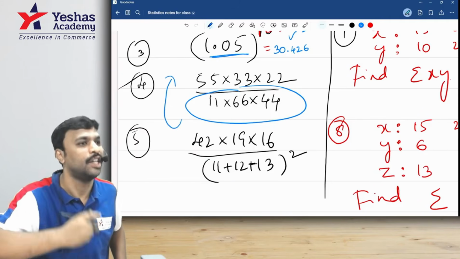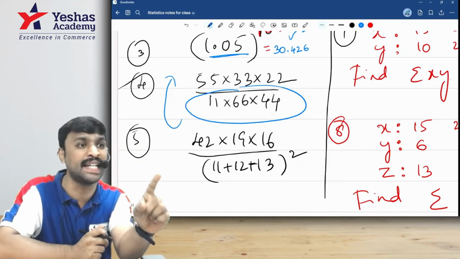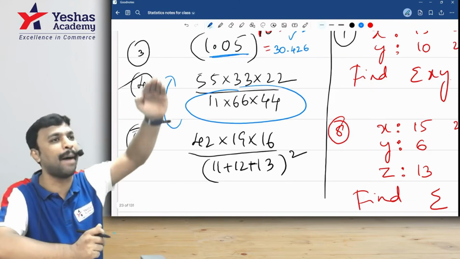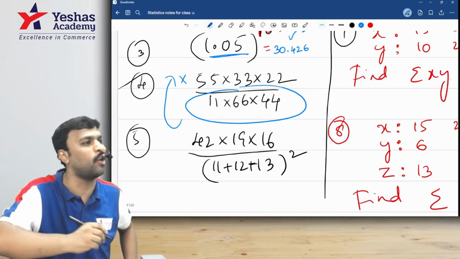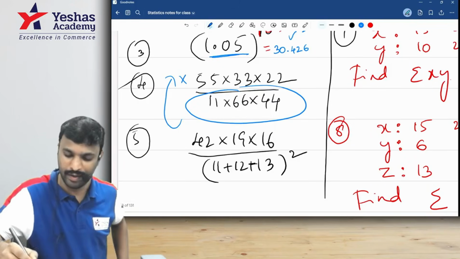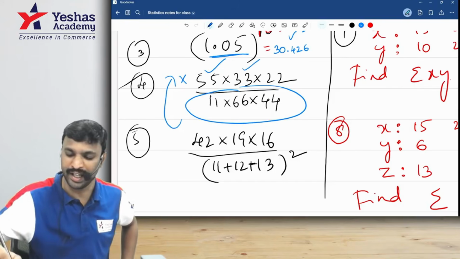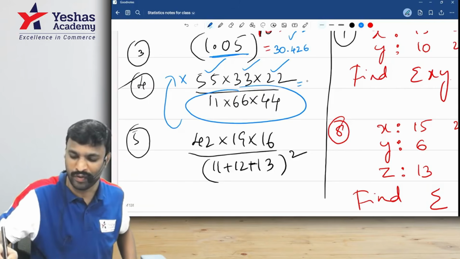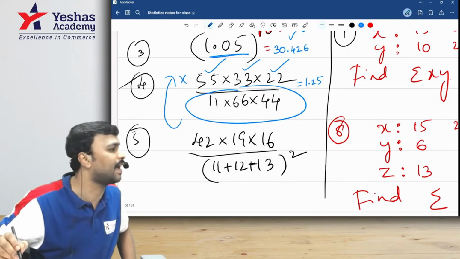Why? To take it up. Whenever the numerator is simple, you can always take the denominator up. Getting it? After taking it up, what you will do? Into 55, into 33, into 22. How much? 1.2499, approximately 1.25. Yes, sir.